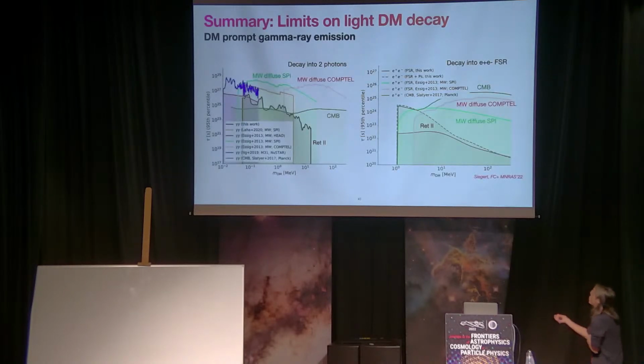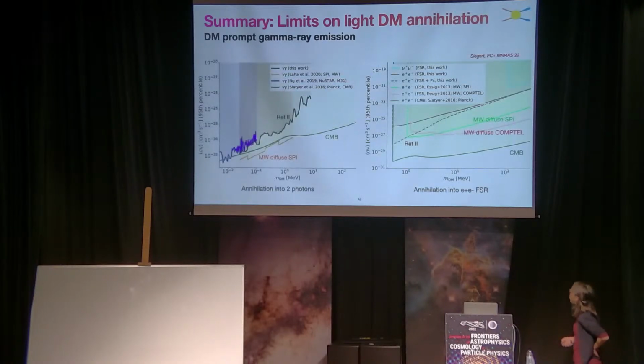And I'll give you just two summary plots of this. You can constrain light dark matter decay in the same way, looking for lines or final state radiation, where you see that you can use the Milky Way diffuse emission from INTEGRAL, and you get the strongest constraint on the lifetime of the dark matter particle, while for decay into electrons and positrons through final state radiation, it is really the CMB that dominates.